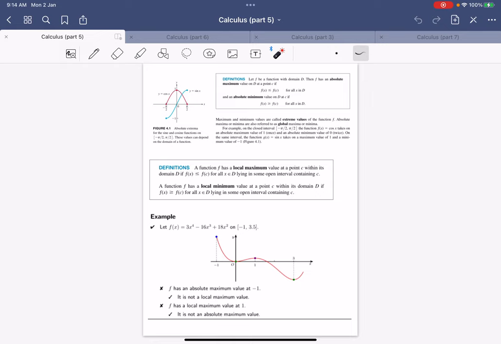And from this graph, you can see that it has two absolute minimum values and one absolute maximum. For the other, it has one at minus pi over 2 and one at pi over 2.